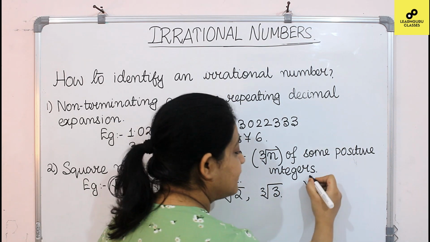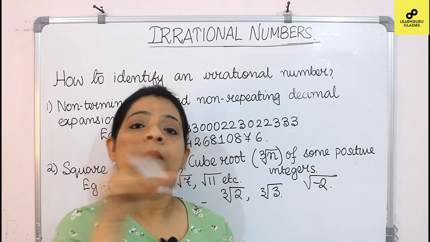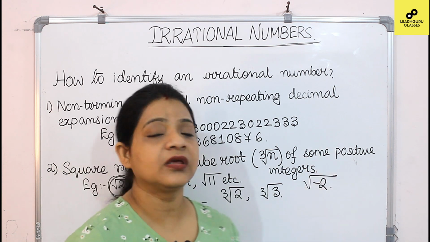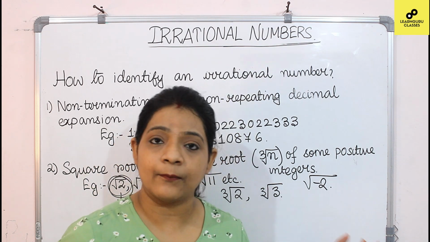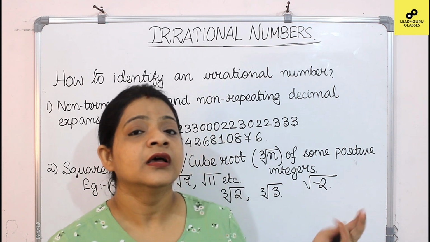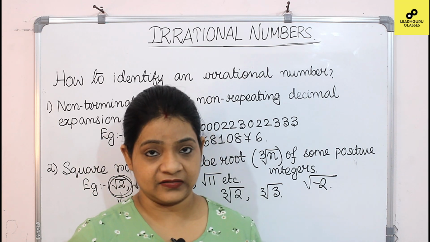If we write minus 2 under the square root, that basically represents a complex or imaginary number, which you are not going to study now; you will study it in your higher classes.